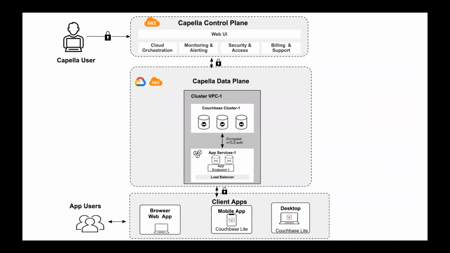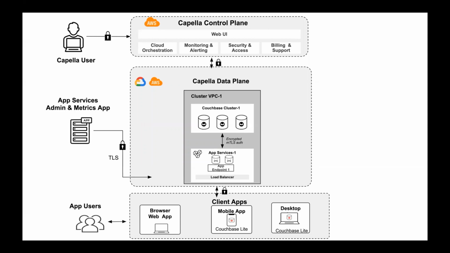We connected a couple of client applications to the app endpoint. So we had a Postman HTTP-based client that connected to the app endpoint through the public REST endpoint. And then we had a Couchbase Lite enabled mobile iOS application that securely synced data. So what's next?